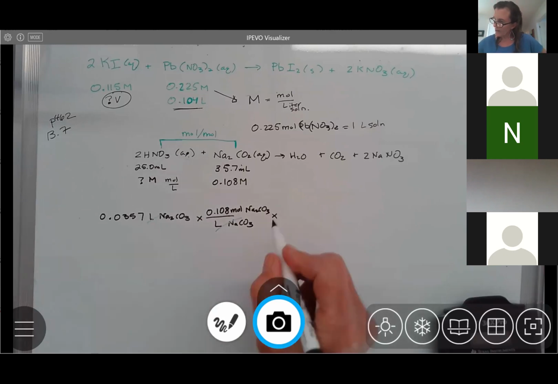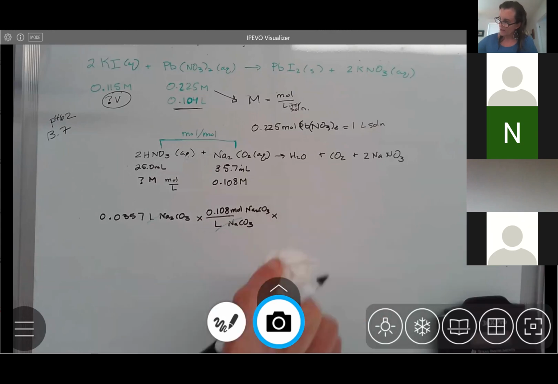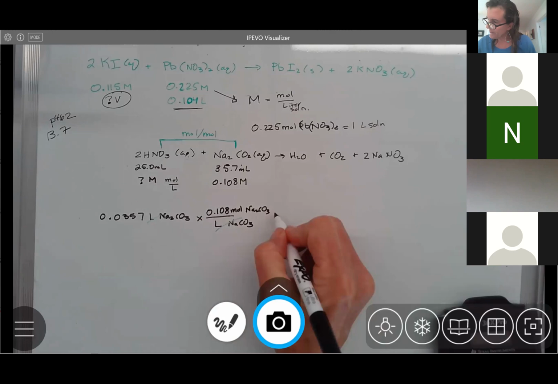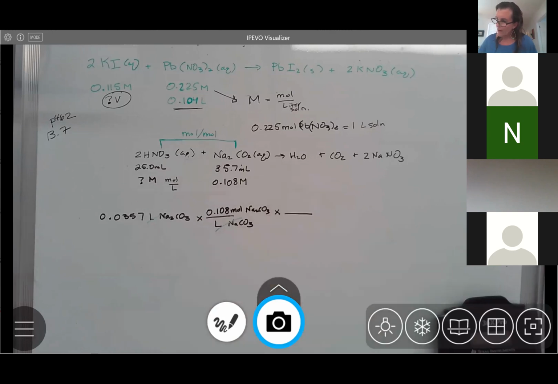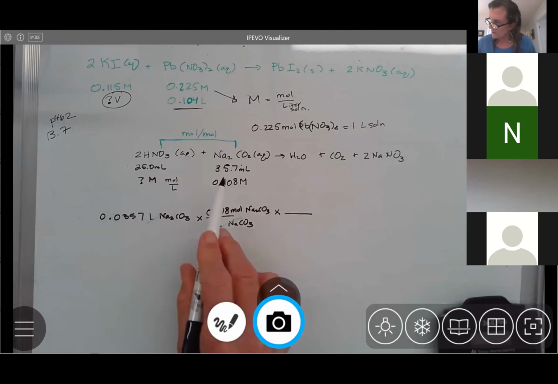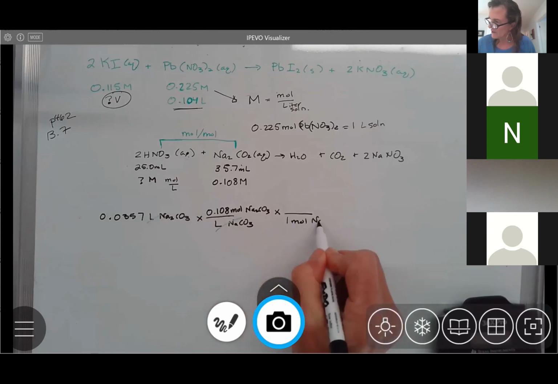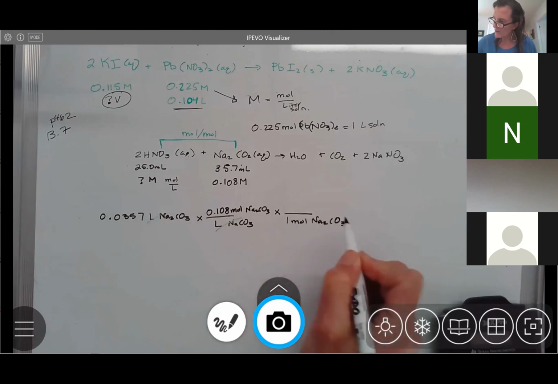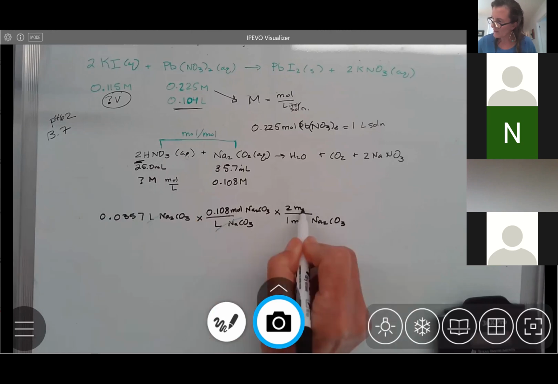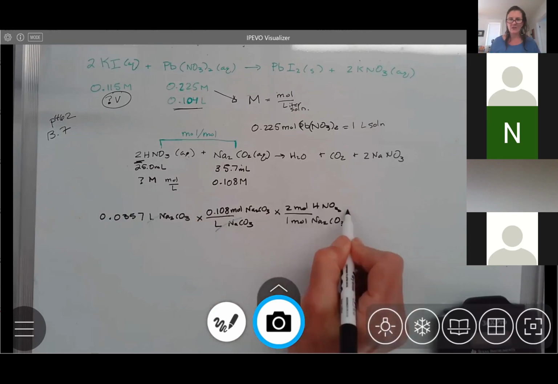Okay, and so now I have moles of sodium carbonate, and I need to get moles of nitric acid, but it's 1 mole of Na2CO3 per 2 moles of nitric acid.